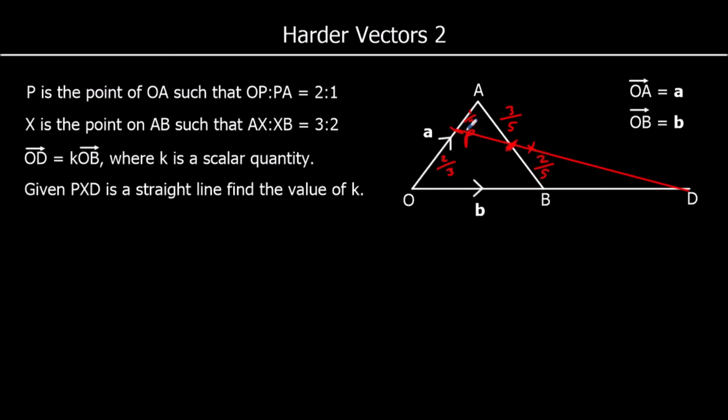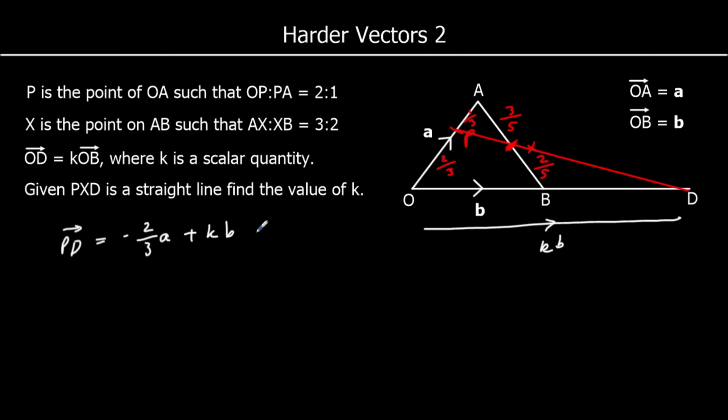So P to D is minus 2/3 A, and then O to D is k times O to B. O to B is called B, so that whole journey O to D is k times B. So plus kB. P to X is 1/3 A.